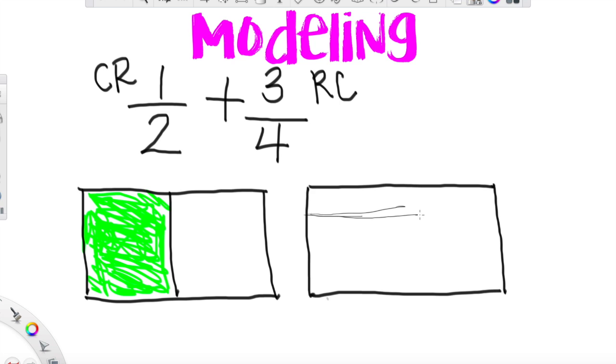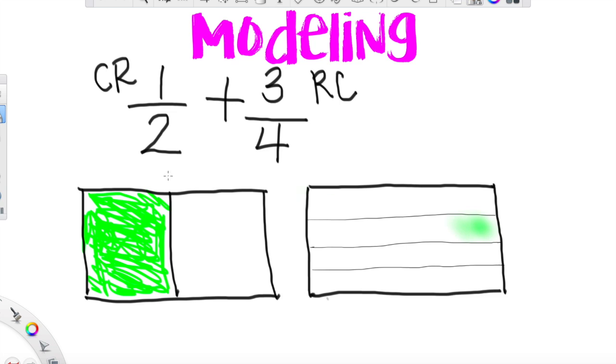It's going to be divided into 4 rows. Why 4 rows? Well, 4 rows because the denominator is 4 in 3/4. And how many of these rows are we going to be shading? Well, the numerator in 3/4 is 3, so that tells me that we are going to be shading in 3 of our rows.